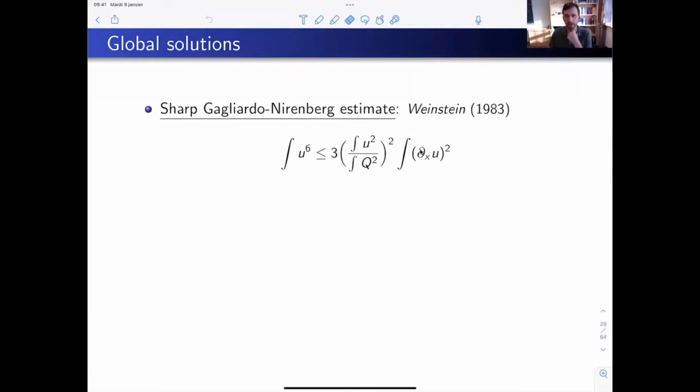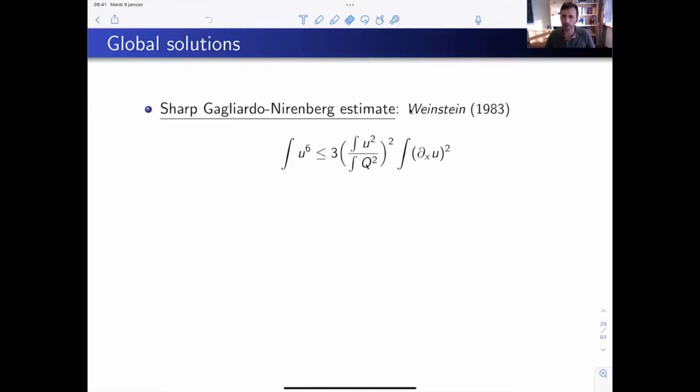Gagliardo-Nirenberg inequality. It's a bound on the integral of u to the power 6 by the L2 norm of u to the fourth times the L2 norm of dxu to the square. But what is relevant and important here is that you have the best constant.